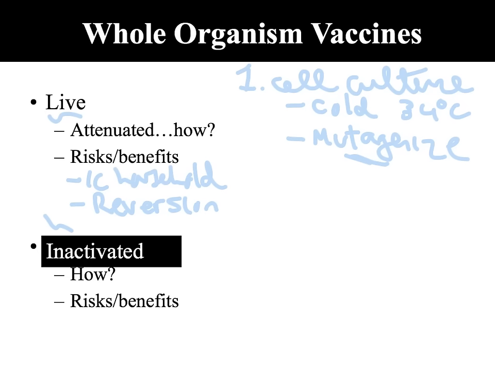But the oral strain, while it provided superior protection, did have this very, very low risk of reversion. And so it got to the point where polio in most of the world was sufficiently under public health control that that very small risk of reversion became unacceptable in comparison to the risk of infection. And so most places in the world have made the decision to switch back to the inactivated vaccine.